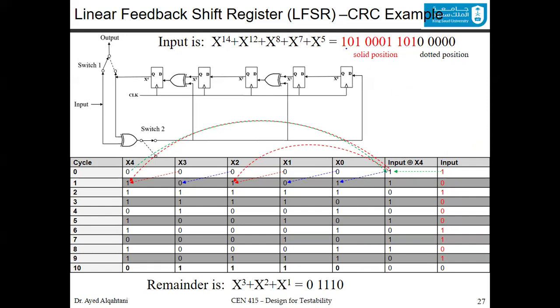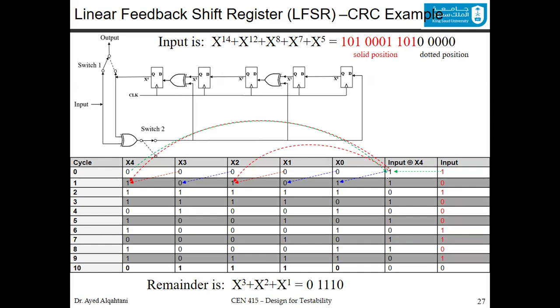So you have 101, 101, and by the way, you need to start from the most significant bit. So it's 101, 0001, 101, 101, 0001, 101, and that's it. After that, you stop the calculation. The last step is just giving you the value of the random or the CRC value.